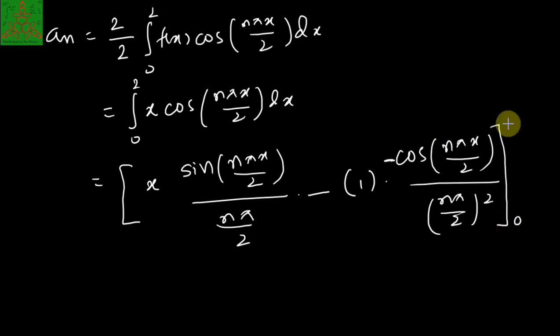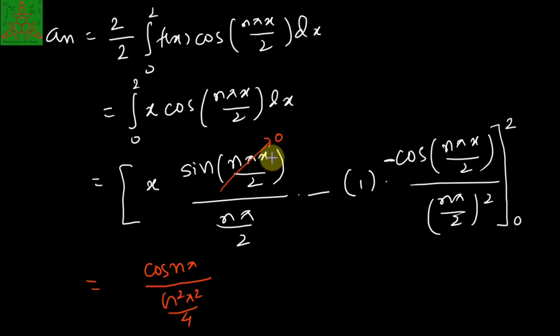The limit is 0 to 2. When I substitute 2 here, you will have sin n pi here. You know that sin n pi is 0, so this quantity will become 0. Here, when I substitute 2, you will have this quantity, which is minus minus becoming plus cos n pi upon n square pi square by 4.